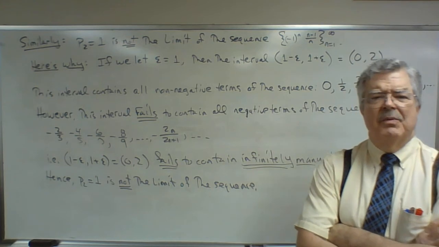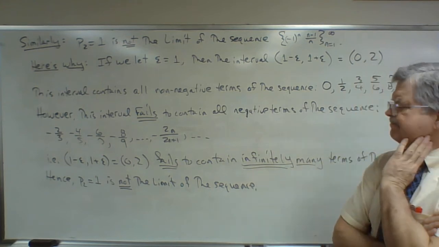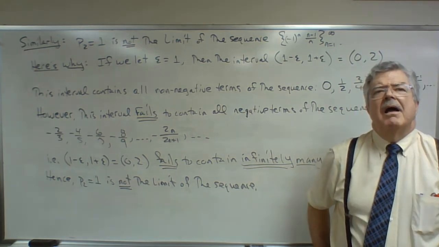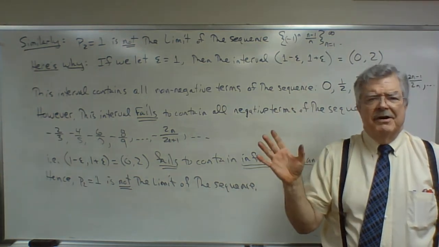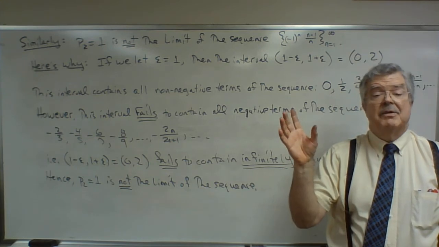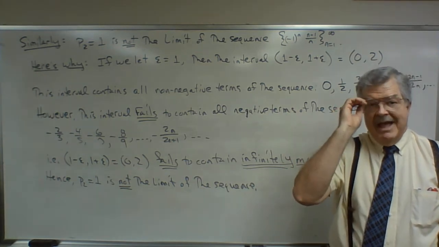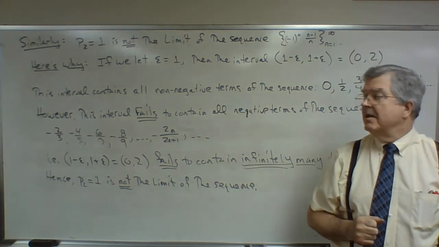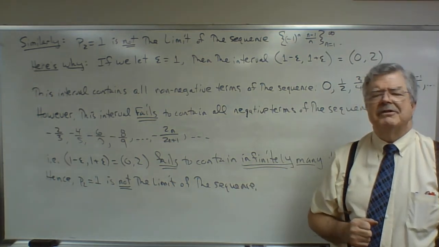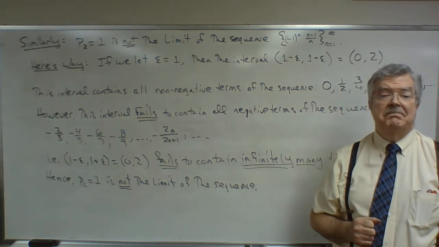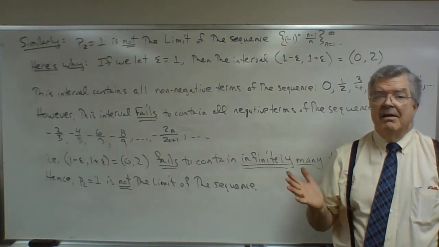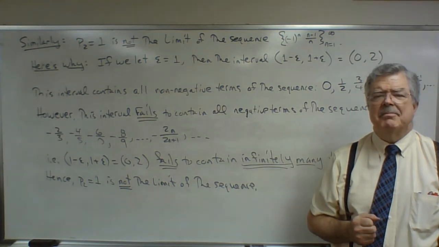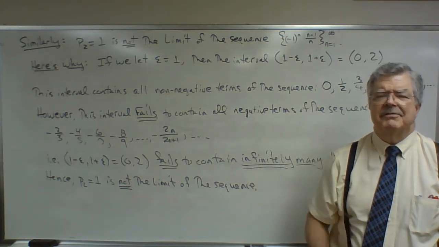Now, what do we think that we can deduce from this? Every sequence that converges has a limit. The sequence converges to the limit. And that limit is also a limit point of the sequence. But a limit point of a sequence is not necessarily the limit of the sequence.